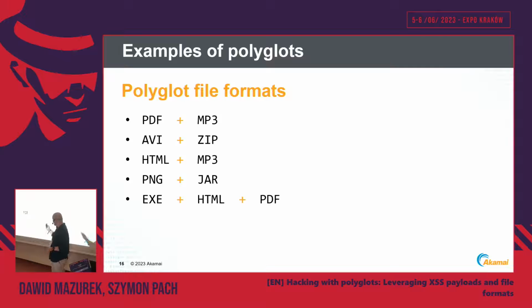There are many more than just those, but I wanted to show you something. And a small interesting fact: if you take an executable file on Windows, you can make it into a polyglot with HTML and PDF only. If you do it with HTML only, it will not work. Same with only PDF. It has to be HTML and PDF, which is kind of weird.